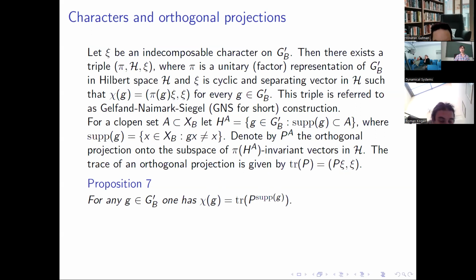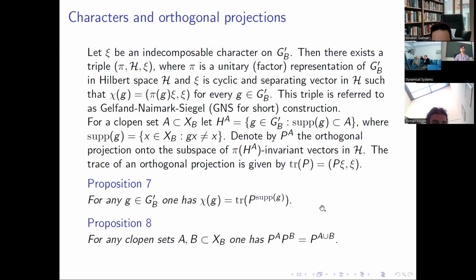So this means that basically, to find the value of the character, we need to take the support of g and average over this support. This simplifies a lot the calculation of the character. Instead of group elements, we can consider a simpler object, orthogonal projections.